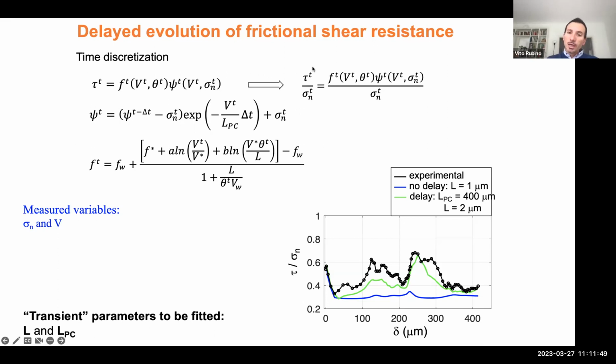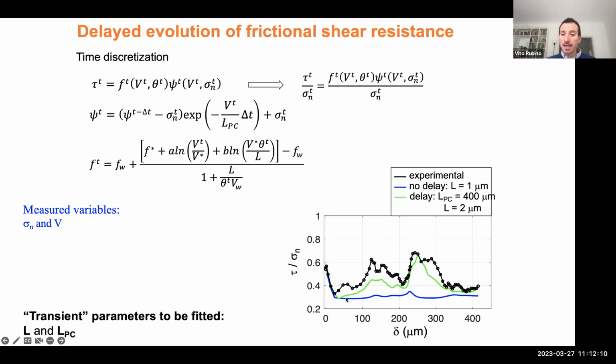Then we compare the ratio of measured shear to normal stress with this ratio, where at the denominator we have the normal stress, but at the numerator, before we just had the friction coefficient, but now we have the friction coefficient times this function psi.